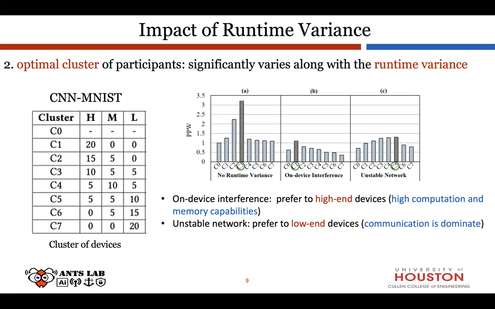You can lower your high-end device to the medium or low level. So if there is no runtime variance, I believe probably even from the energy point of view, a high-end device can still be as good as the mix of high, middle, and low.